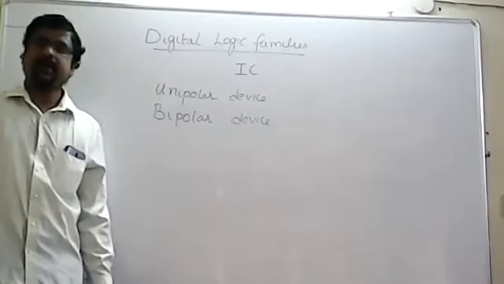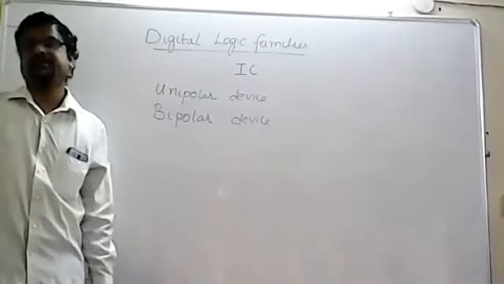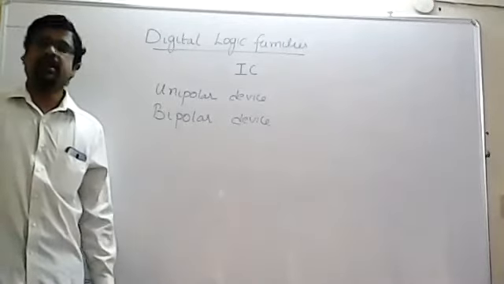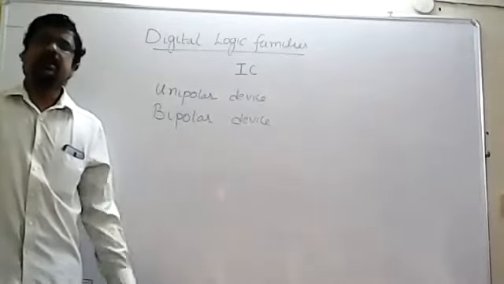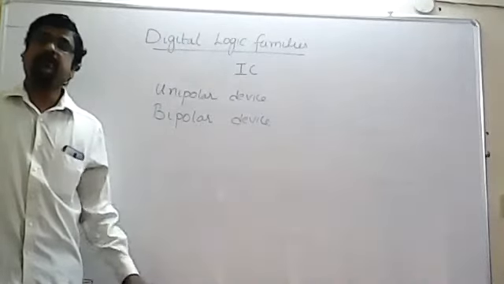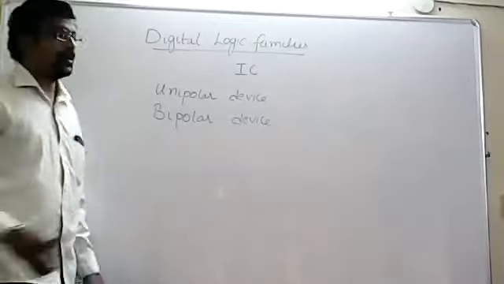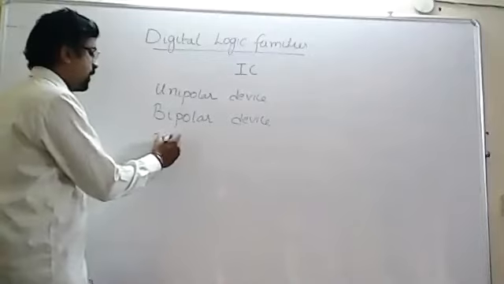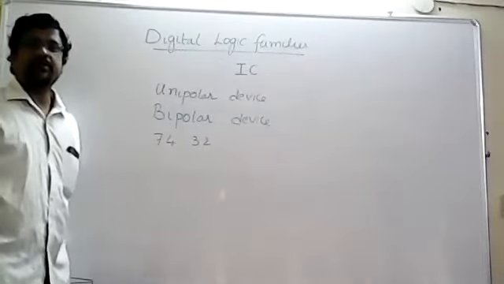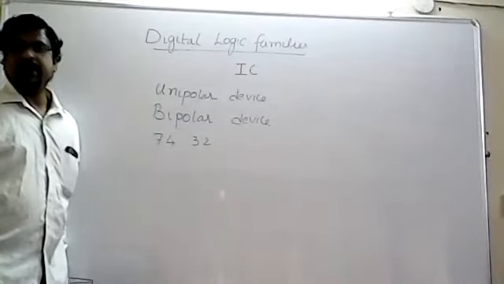Now, there will not be only one company to manufacture these ICs. It is not that only one company has the rights to manufacture the ICs. There are many companies which will manufacture them. For example, if I take an OR gate, what is the IC number of an OR gate? 7432 is the IC number of an OR gate.